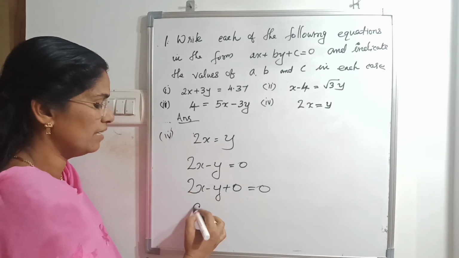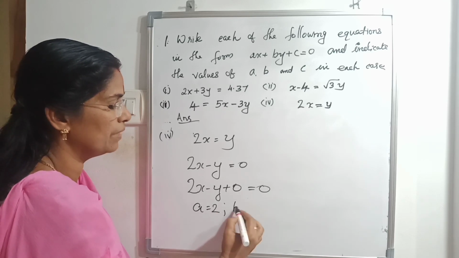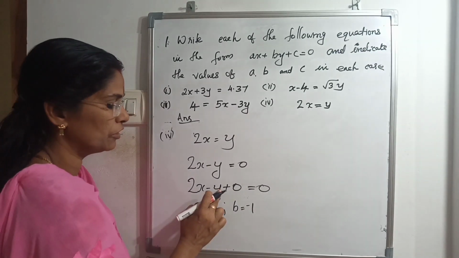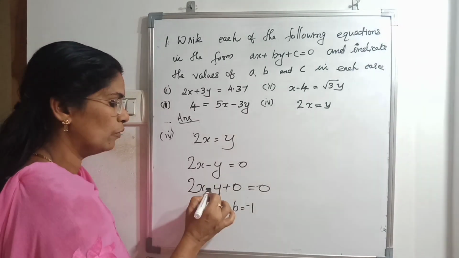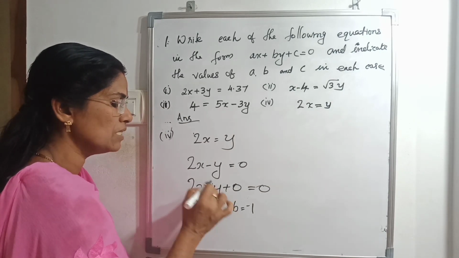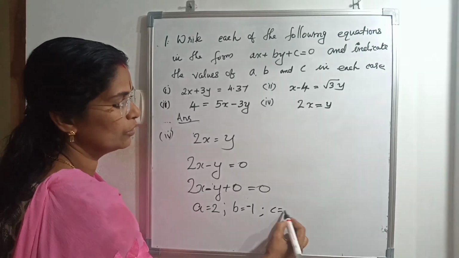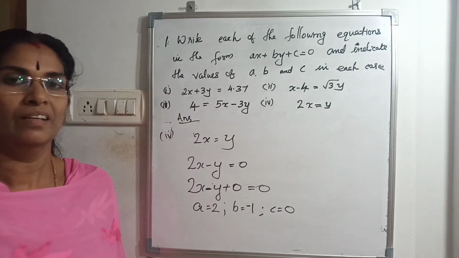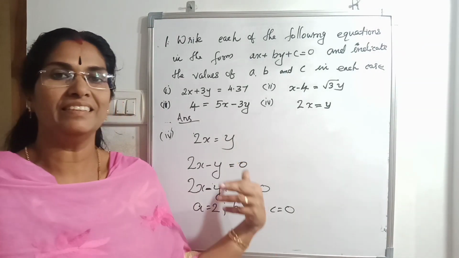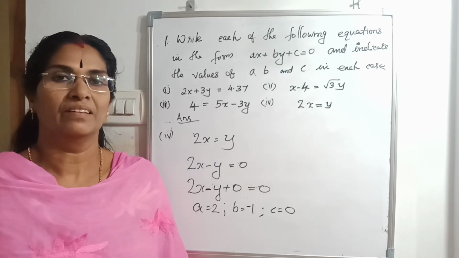Here a is equal to 2 and b is equal to minus 1. Coefficient of y, here minus sign only. The coefficient of y is 1 itself. So we are writing minus 1 and c is equal to 0. I hope it is very easy and understandable for you. Clear?